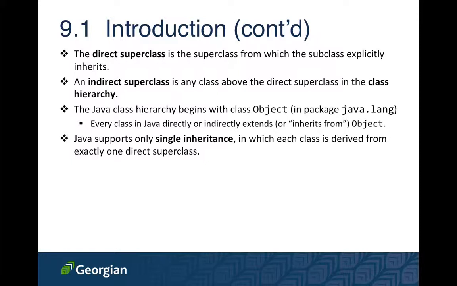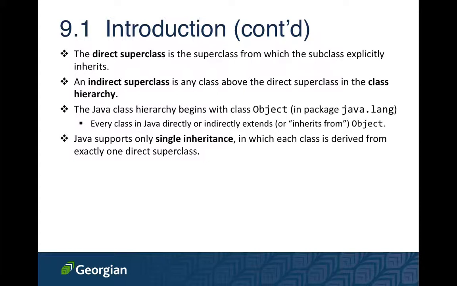Can we inherit from the villain? We probably could, because a path for the vigilante could be that he once was a villain. We could inherit from the hero directly, but instead we're going to make a subclass of the villain class and call him Vigilante. Now, what's the direct superclass if we made a Vigilante class? The Villain. The indirect superclass is the Hero, and the Object class is the indirect superclass for all classes.